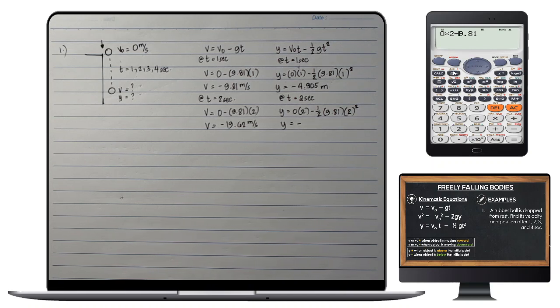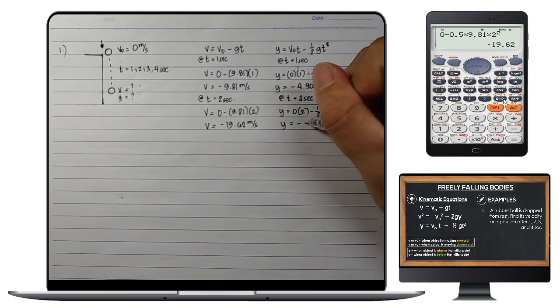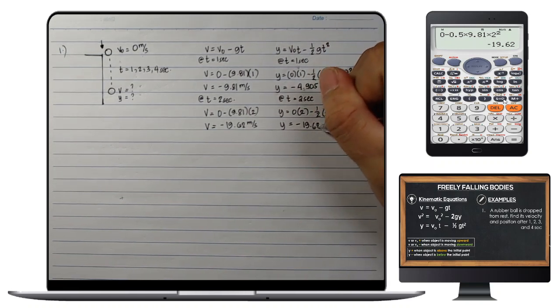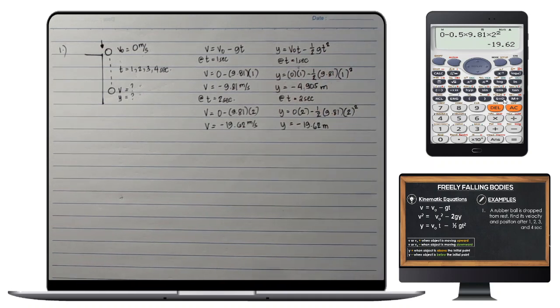So may 1 half dito. I'll use 0.5 times 9.81 times 2 square. Okay, so we have it as negative 19.62 meters.